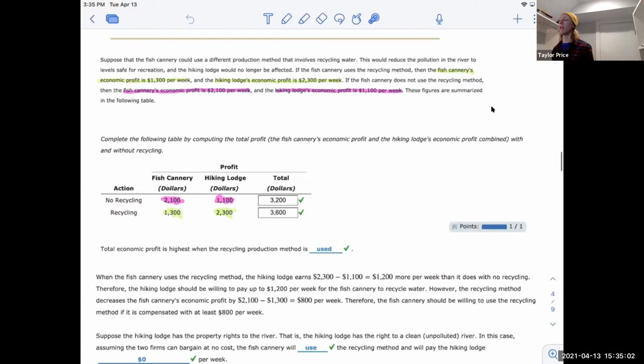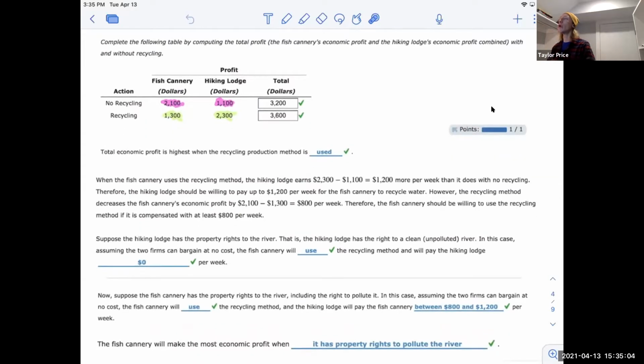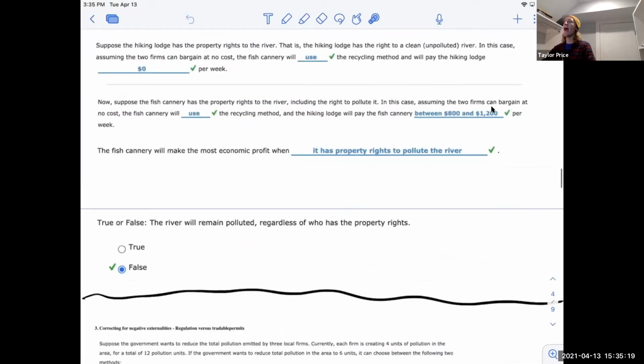So the Coase theorem tells us that it depends on who has the right to that resource. That's how they're going to bargain. Let's say in the first scenario that the hiking lodge has the property rights to the river. Because the hiking lodge has the property rights, they have the right to a clean, unpolluted river.